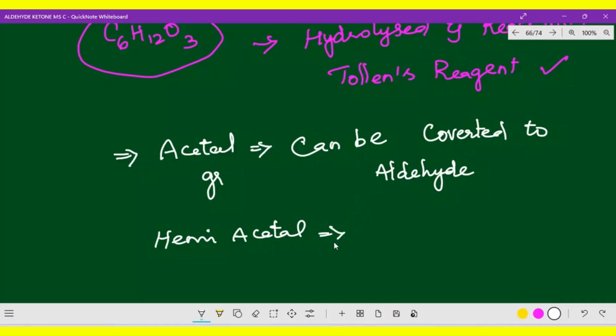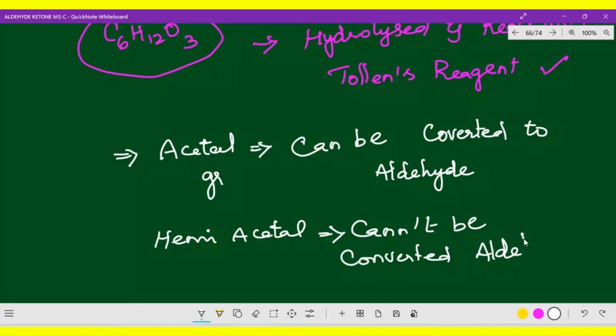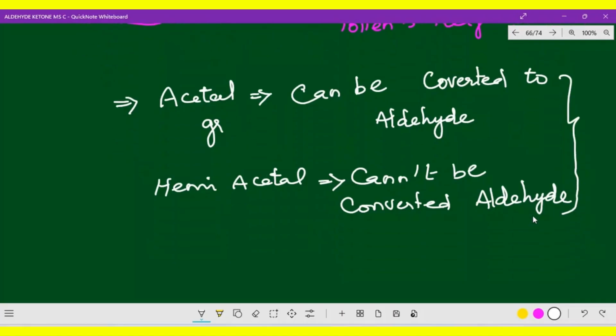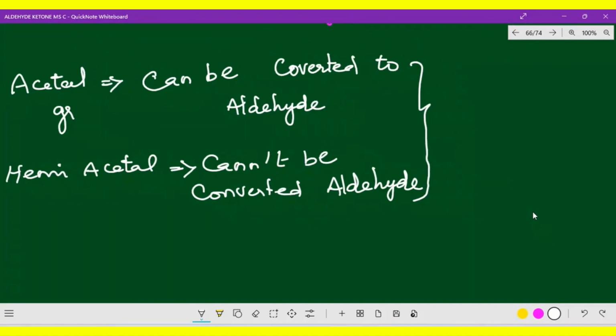So hemiacetal cannot be converted to aldehyde; these are all the tricks, please note down. I just wanted to mention here that this conversion happens during hydrolysis. That is the main point.